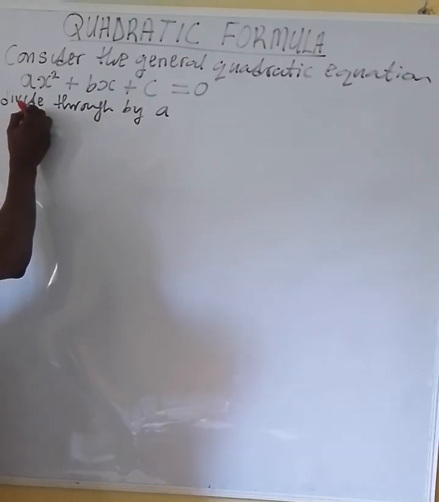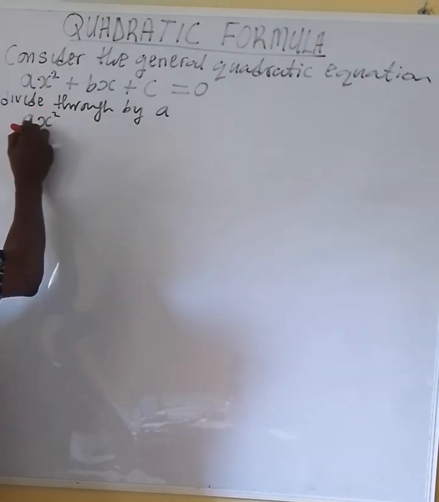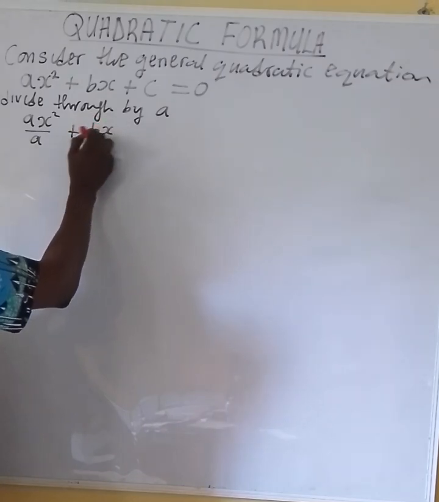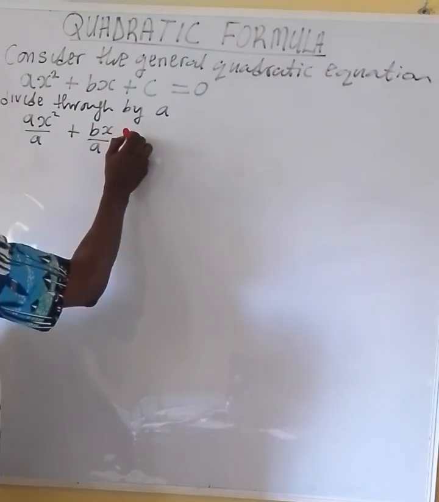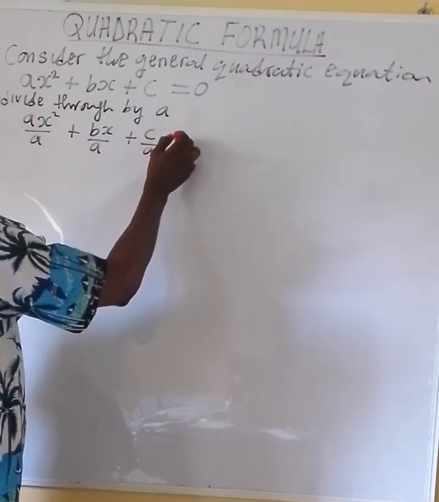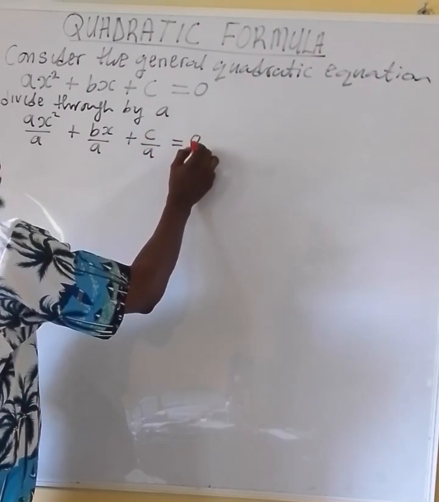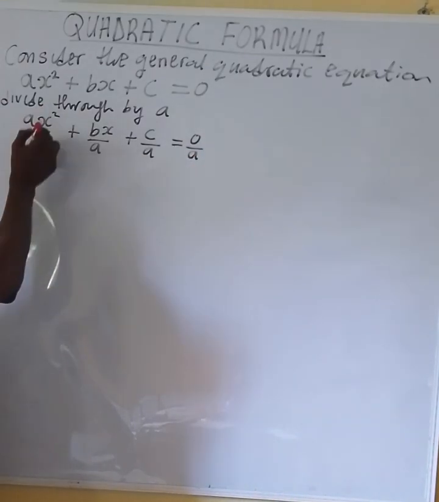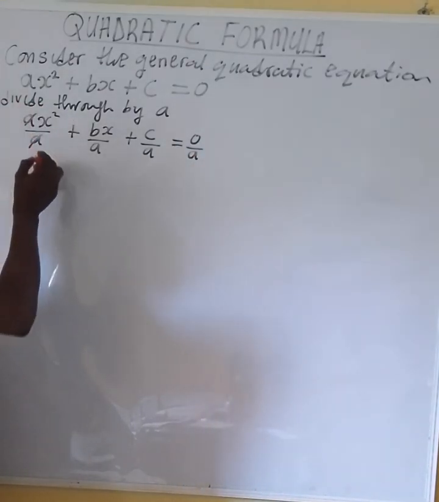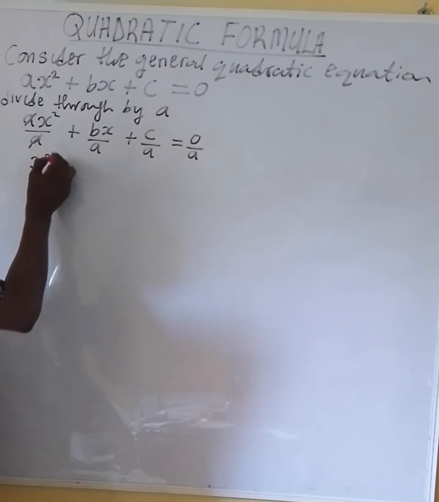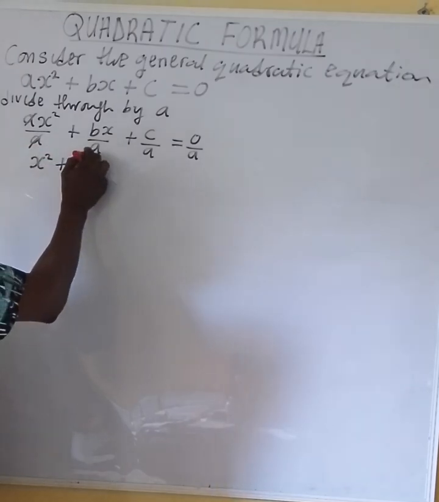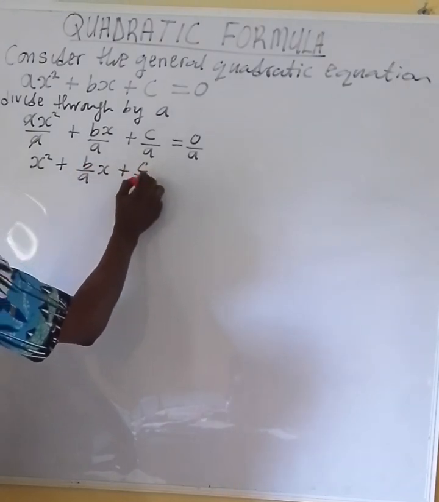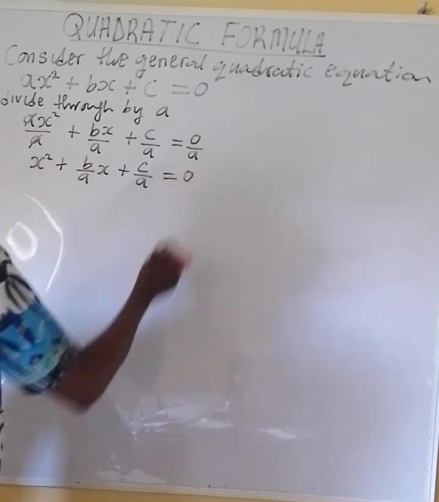We now have ax squared over a plus bx over a plus c over a equals 0 over a, which is the same thing as 0. Now when you look at it, this a cancels a. We are left with x squared plus b over a x plus c over a, everything equals 0.